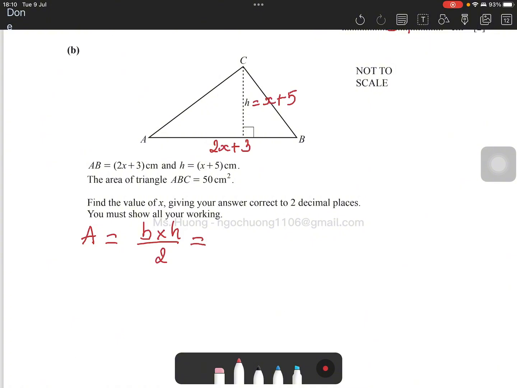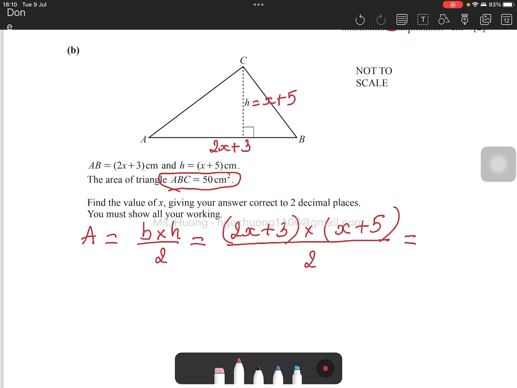The base AB is 2x plus 3. Remember to put it in brackets before you multiply by the height. The height is x plus 5, all over 2. And you see that the area of the triangle ABC is 50 square centimeters. This is a quadratic equation and now we need to solve for it.